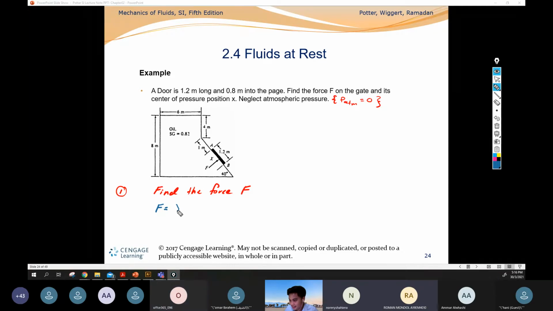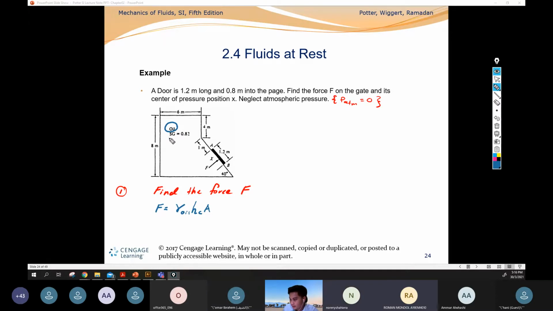No, gamma. Gamma of what? Oil. Gamma of oil multiplied with HC times the area. Okay, perfect.